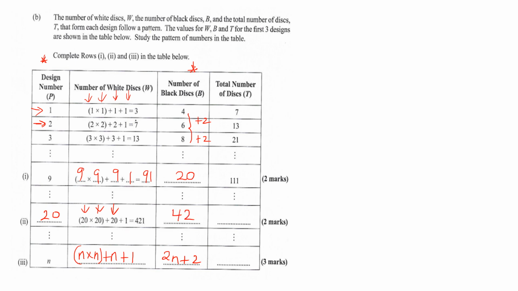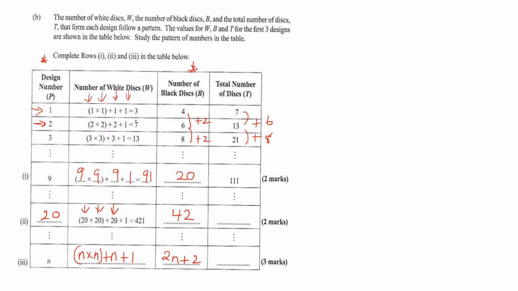Okay, let's come across now to the total number of discs, T. We recognize that from 7 to 13, we're adding 6, and 13 to 21, we're adding, all right, I'm going to get 8.